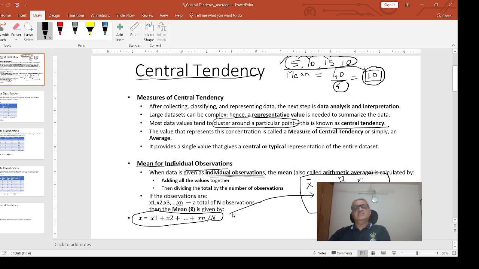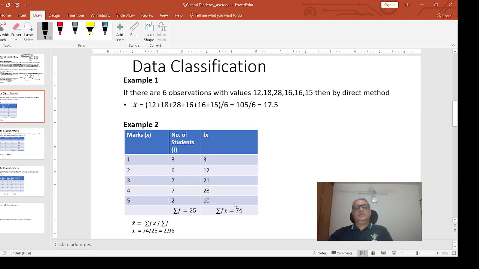Let's take a toy example, because examples clarify a lot of issues. Simple example, 6 observations: 12, 18, 28, 16, 16, 15. If I have to calculate x bar, all I have to do is add all these and divide by 6.